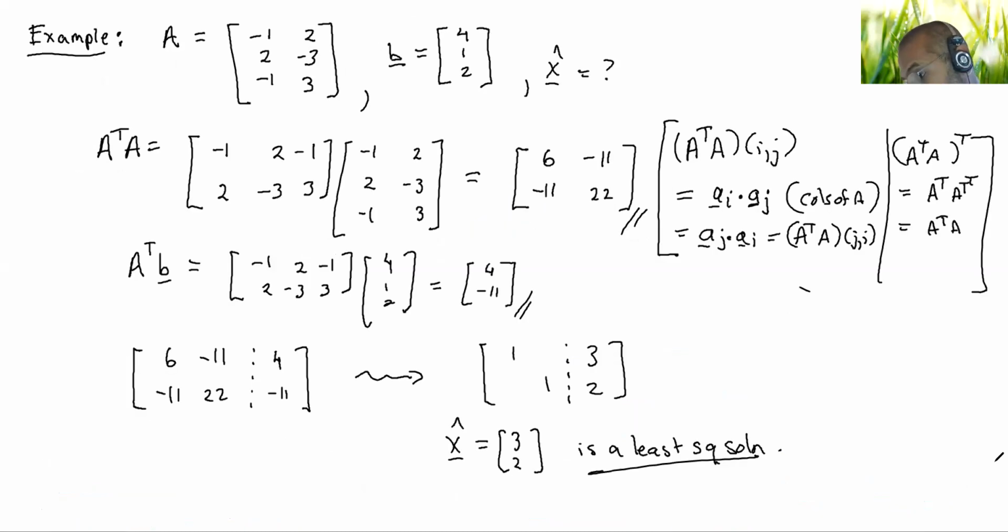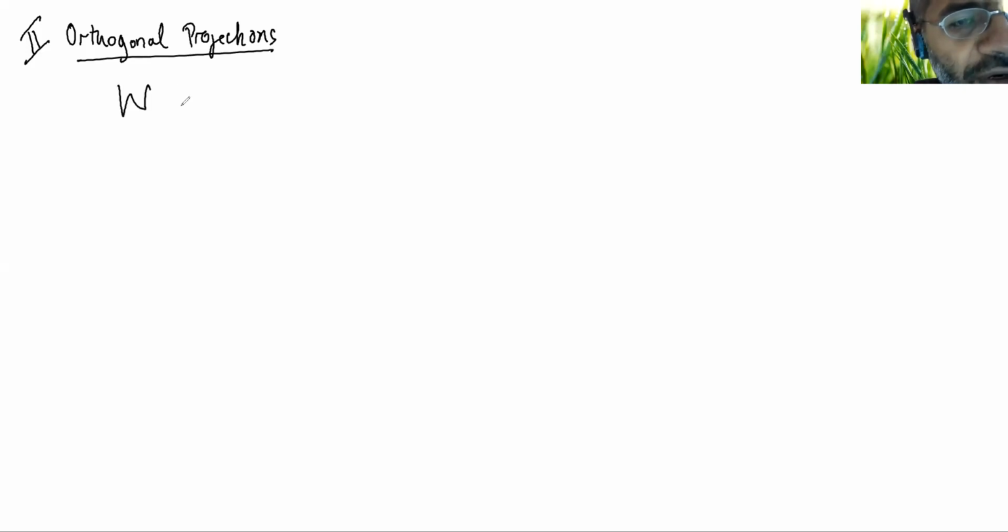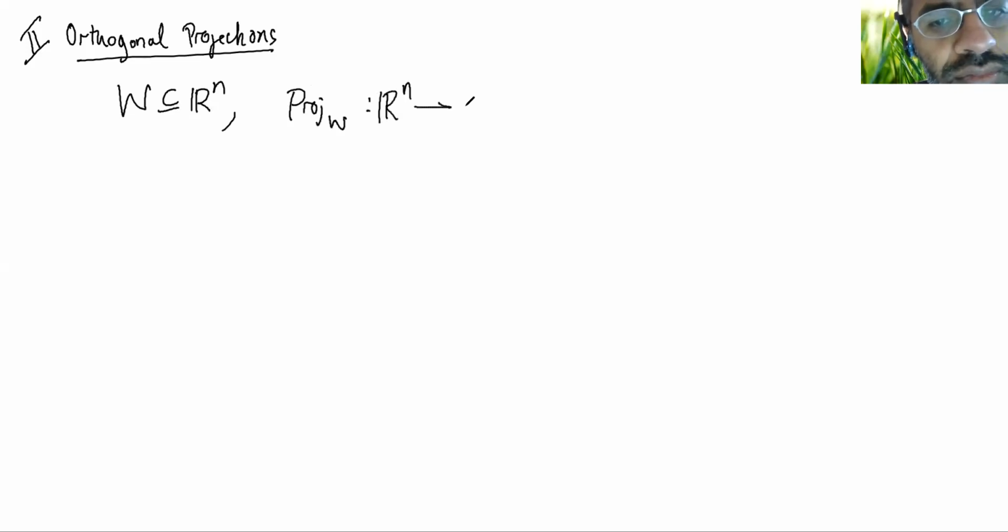So now I want to say a little bit more about orthogonal projections and some terminology surrounding them that can be a little bit confusing. Remember that if you have a subspace W of R^n, then there's this linear transformation, the projection onto W from R^n to R^n, which is called the orthogonal projection.